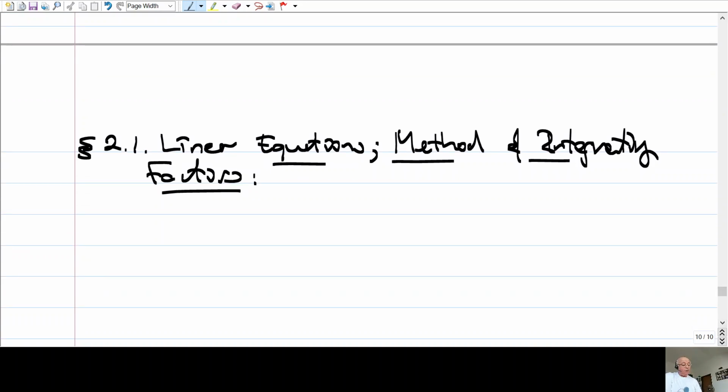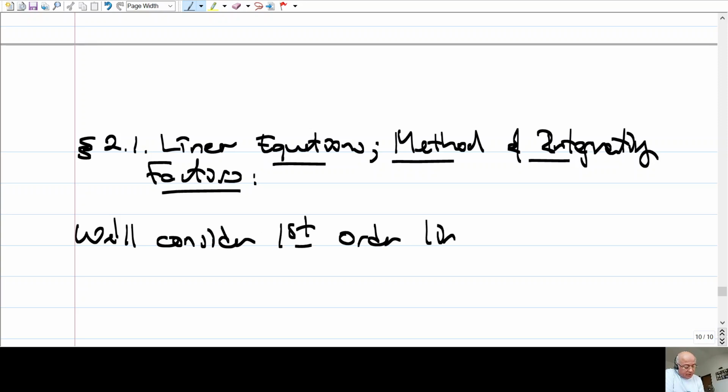So we will consider first order linear equations.